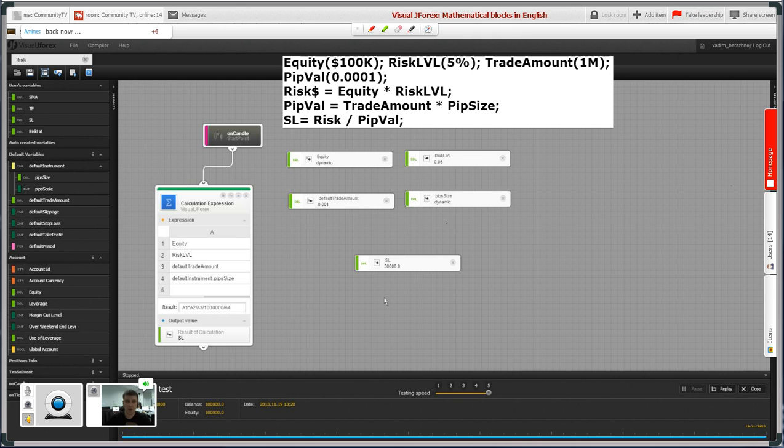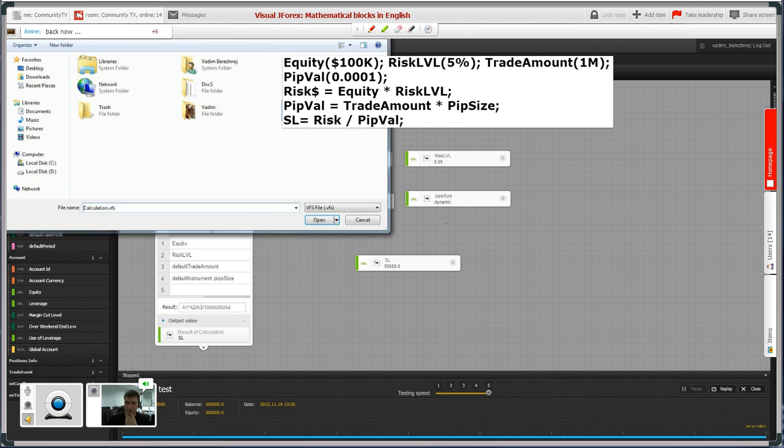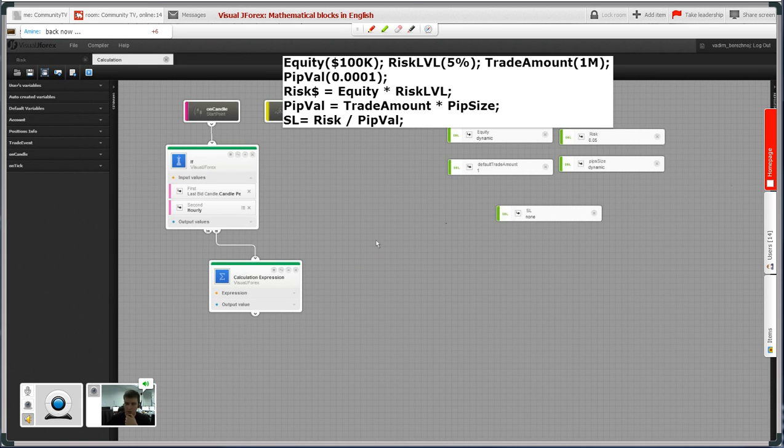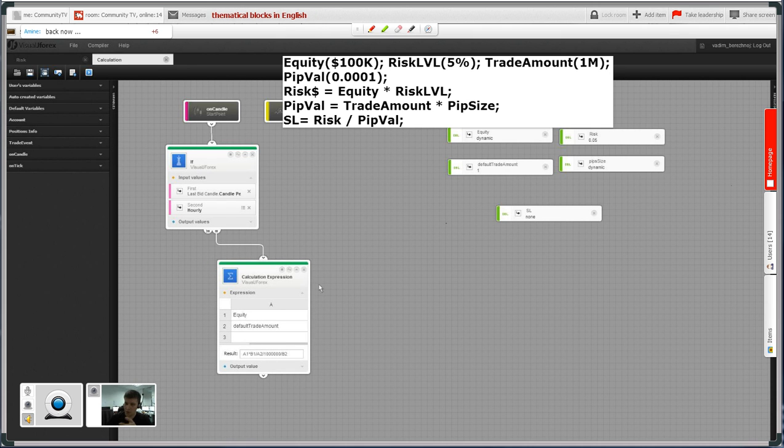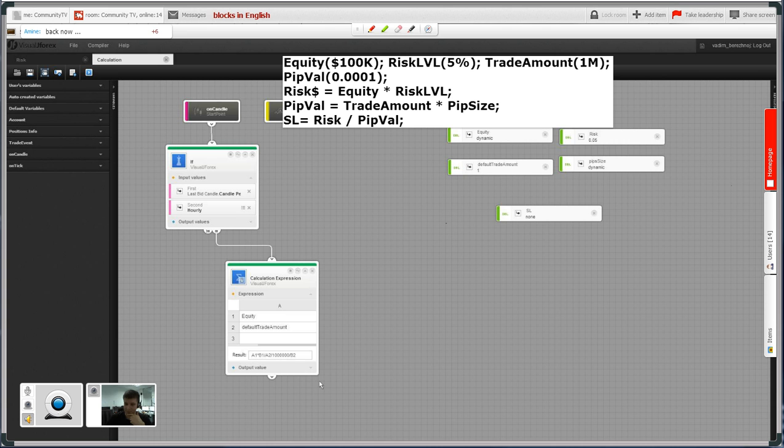Got it. And by the way, I have saved file that was calculation. Here I made the same calculation. Output value is the same and input values.